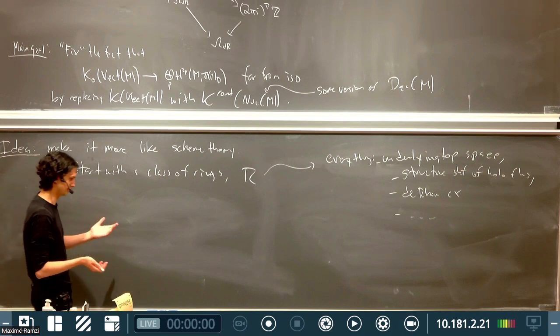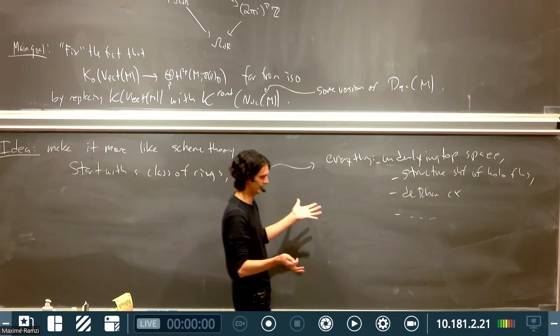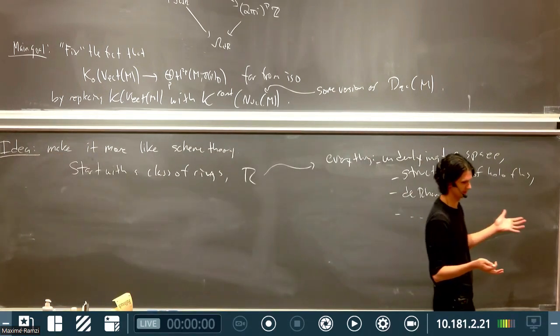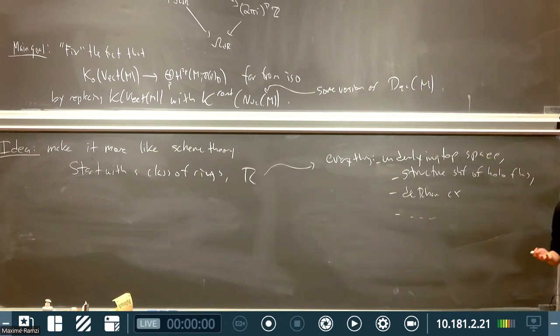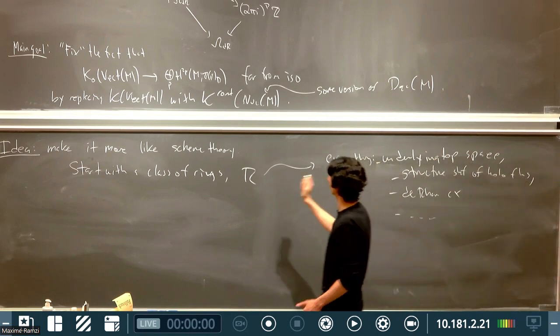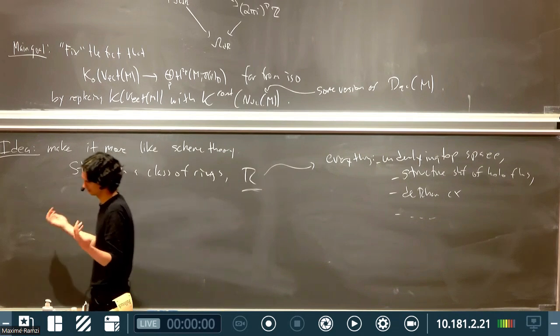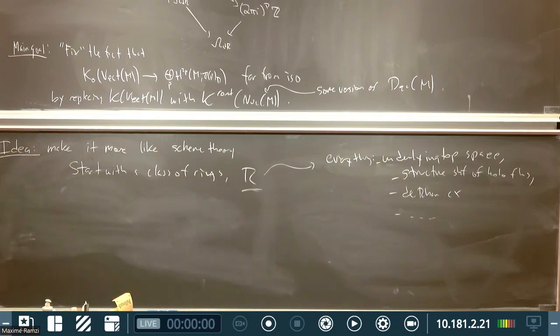So for example, if you start with a smooth affine algebraic variety over the complex numbers and you take complex points, you get a prototypical example of a Stein manifold. So the class of rings you might think you should take would be holomorphic functions on a Stein manifold. But that's not actually what we're going to do. We're going to do something different.